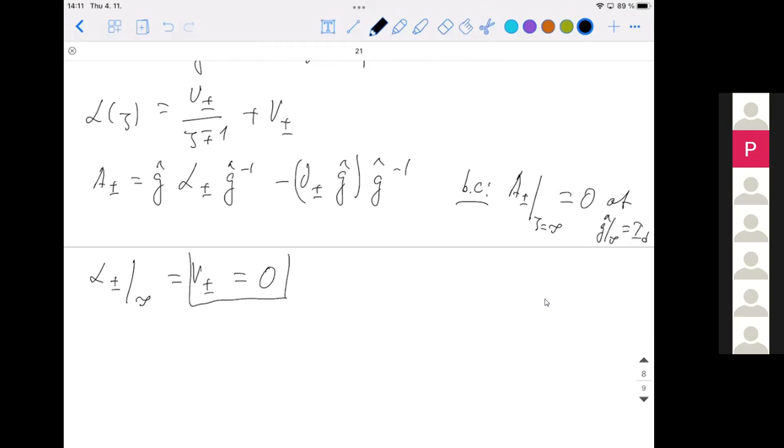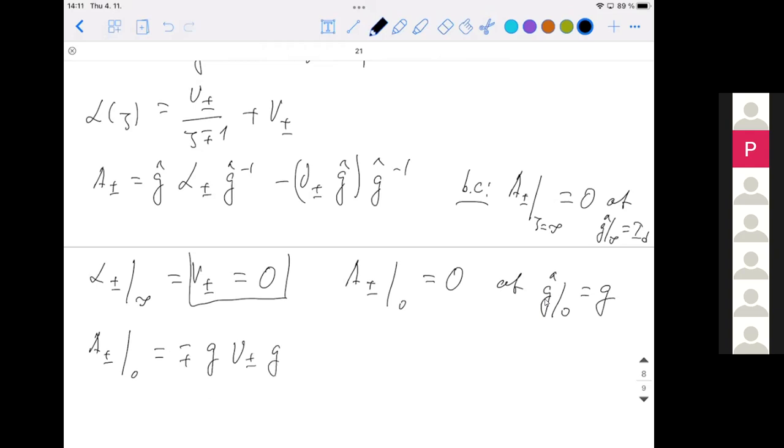And now another boundary condition, A plus minus at 0 to be also 0, where G0 is just G. So we apply this here, and A plus minus at G and the minus plus G U plus minus G minus 1.